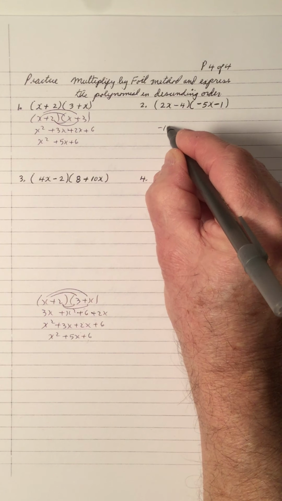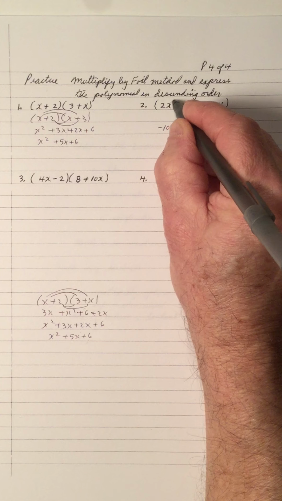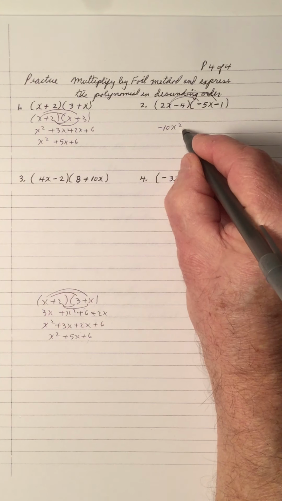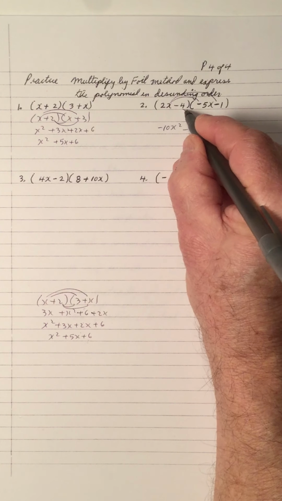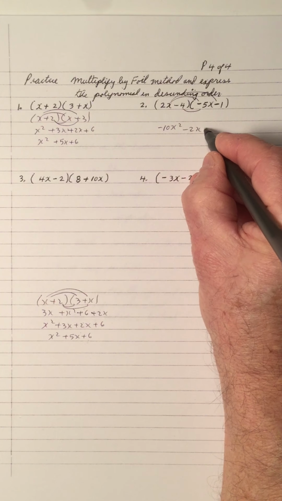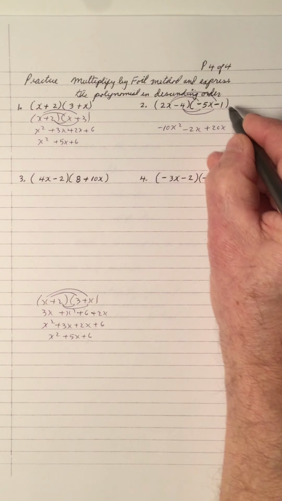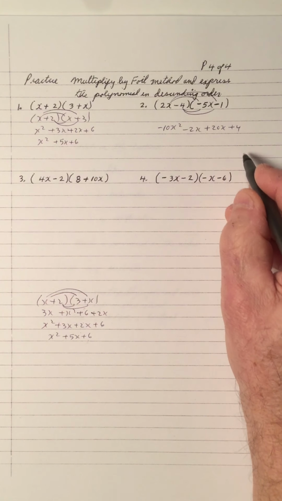negative 10x squared. First, outside, 2x times negative 1, negative 2x. Inside, negative 4 times negative 5x, is positive 20x. Negative 4 times negative 1 is a 4.